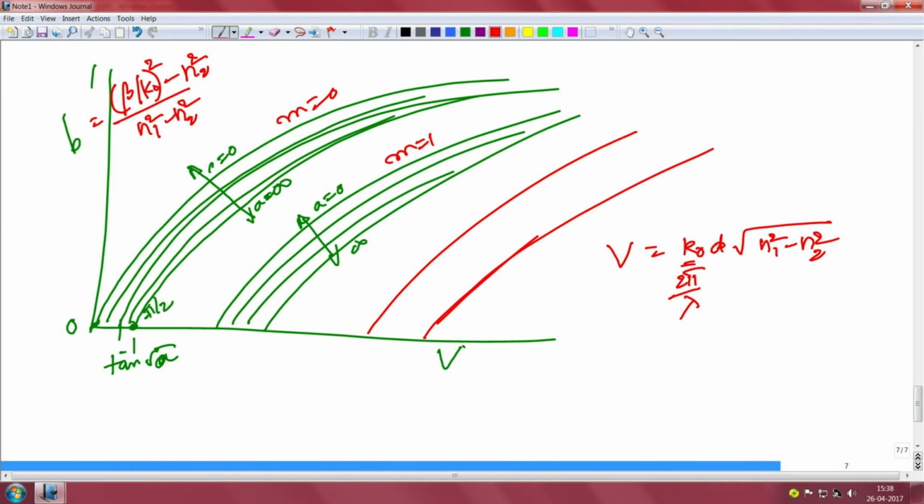Finally, we can look at the nature of the modes. N1, N2 and N3. We observe that the contrast is small, and so we can expect alpha 3 to be very large here, and gradually decaying this side.